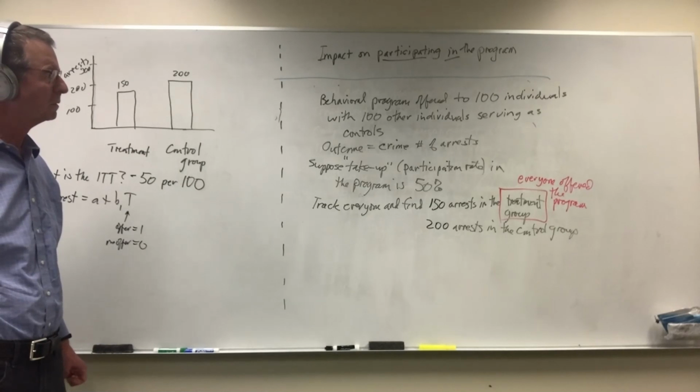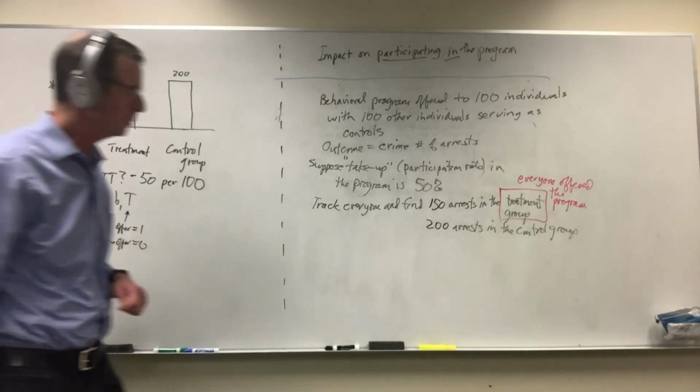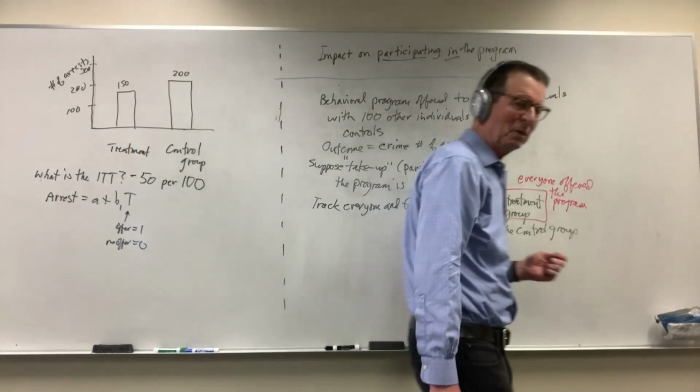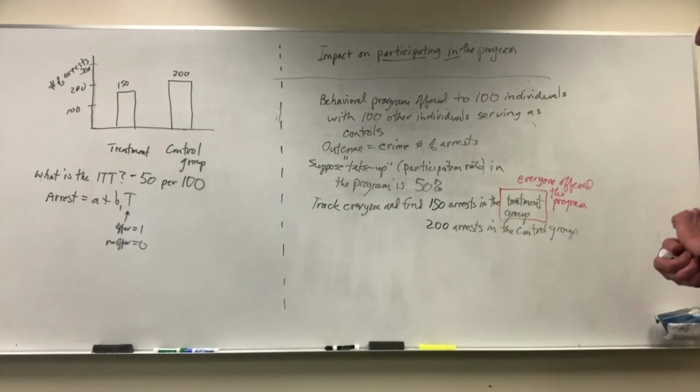How do we get a comparison group in the control group to figure out what the impact of the treatment on the treated is? We need to add an interaction with participation and treatment, something like that, to know how many arrests were from the people who took it up.